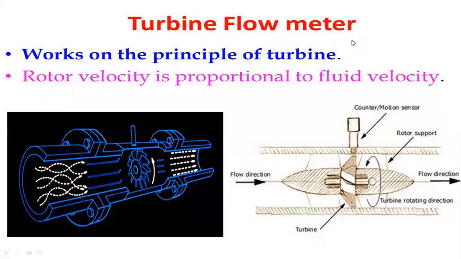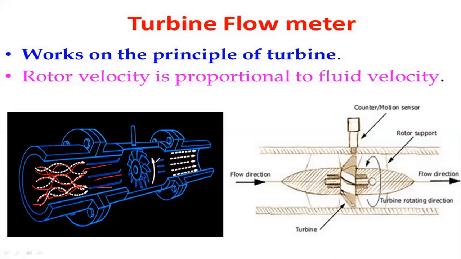So the flow occurs in the turbine flow meter. You can see this. The flow is passing through these directions, in different directions on the pipes. Whenever the fluid touches the vanes on the turbine rotor, the turbine rotor shaft rotates.